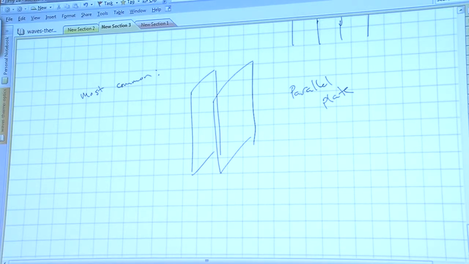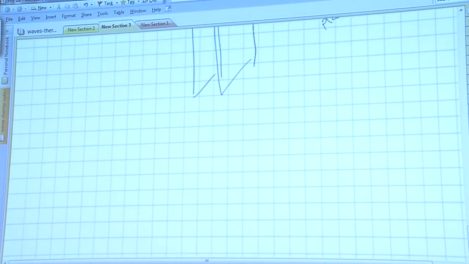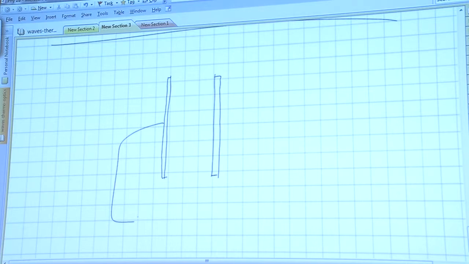These are conductive plates. All right, so another thing we can do, we can take our conductive plates, right, we hook it up to a battery. Charges move, the electrons move to this plate.